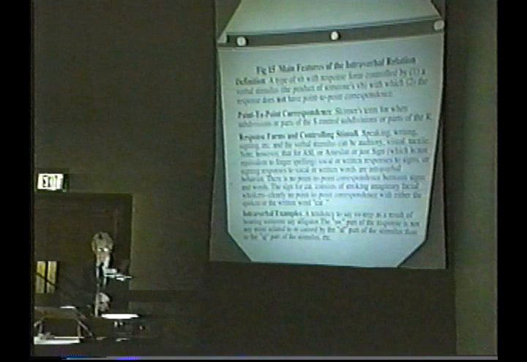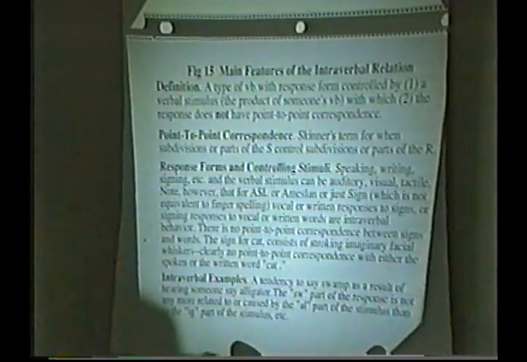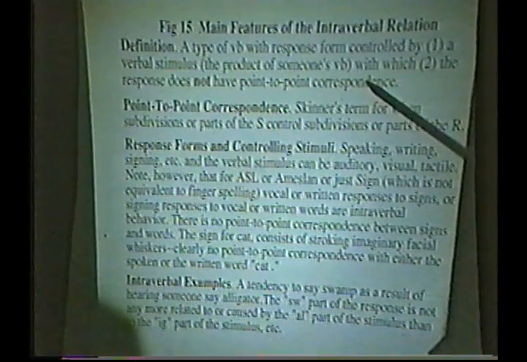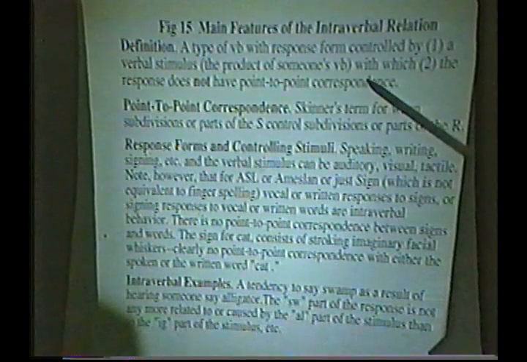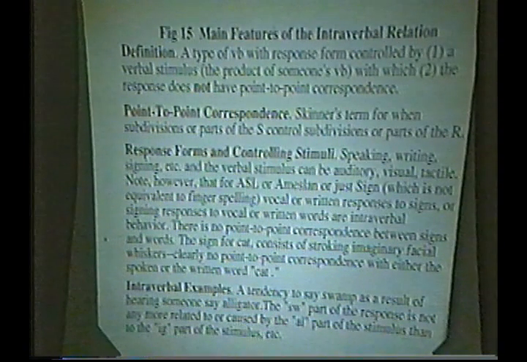Now we're going to consider the main features of the interverbal relation. It's a type of verbal behavior with a response form controlled by a verbal stimulus, the product of someone else's verbal behavior, with which it does not have point-to-point correspondence. Point-to-point correspondence means the parts of the stimulus are closely linked or can be related to the parts of the response.